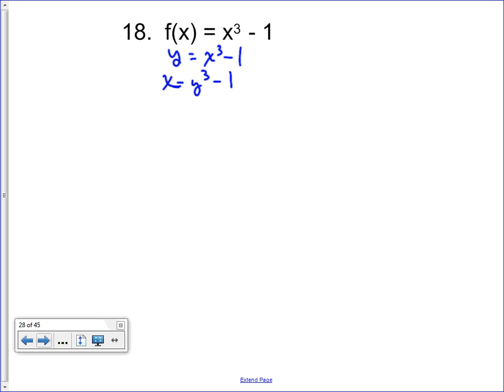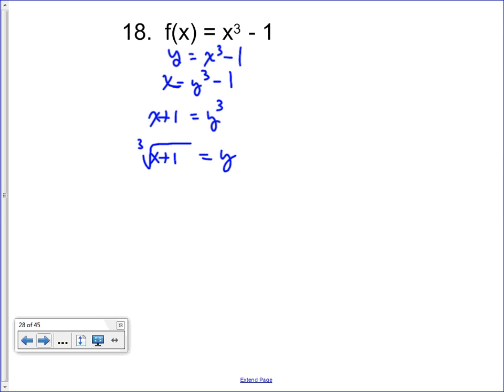And now we're going to solve for y. So we will add 1 to both sides. And I've got y cubed. How do I undo a cube? Well, to undo a cube, I take a cube root. So that will be the cube root of x plus 1 equals y.